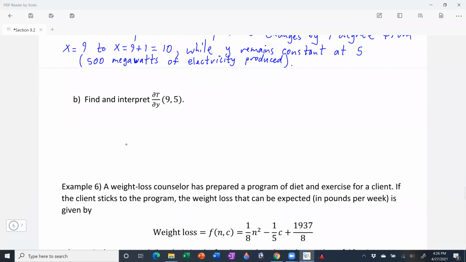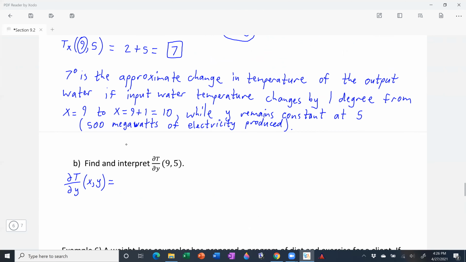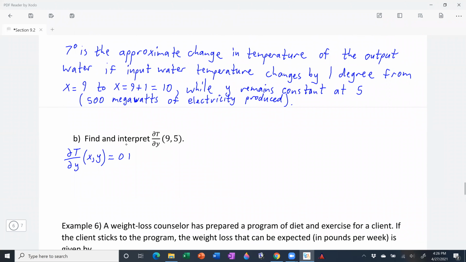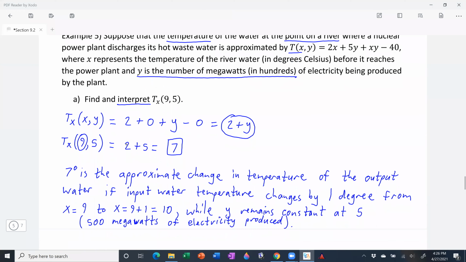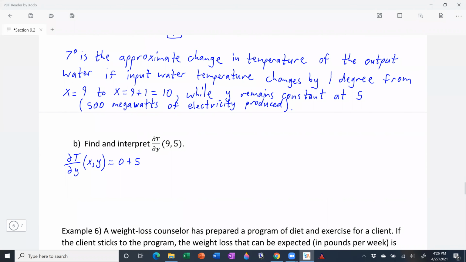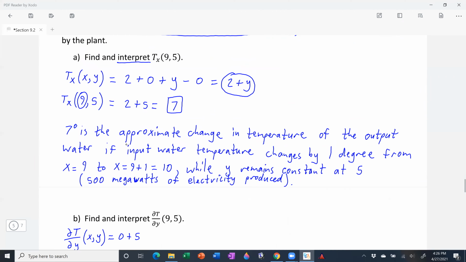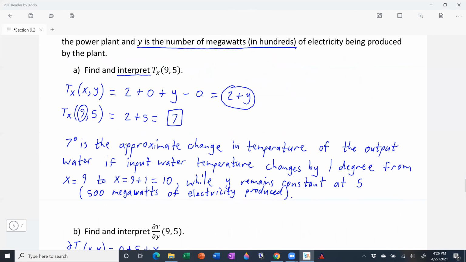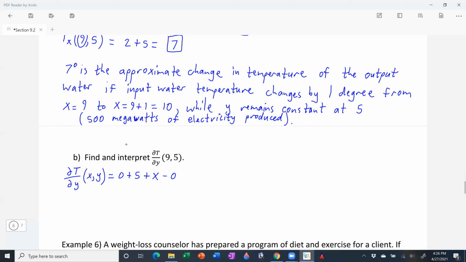Let's try this one where we're going to do the partial derivative with respect to y. So first things first, we want to do the partial with respect to y. Going back to the original function, 2x, this time x is constant, so 0, plus 5y, the derivative of 5y is 5, plus xy, so this time the x is constant, so constant times y, the derivative is just the constant, and then minus 40 is still derivative 0.